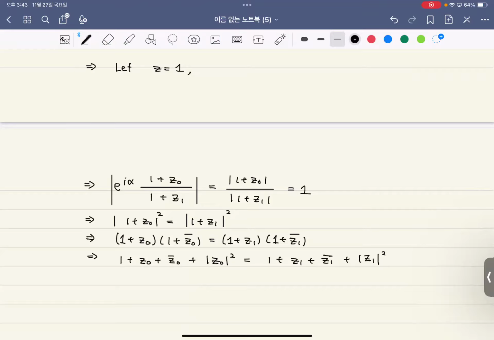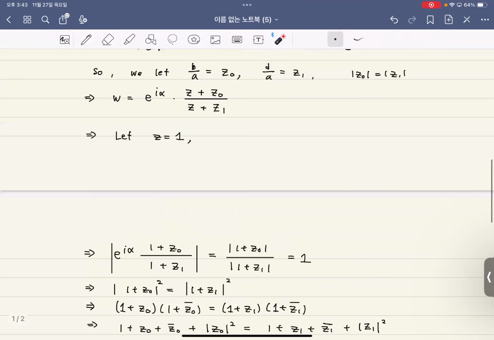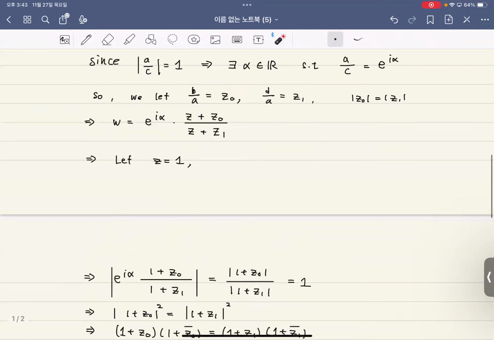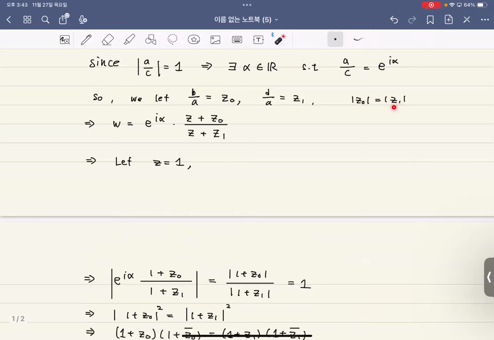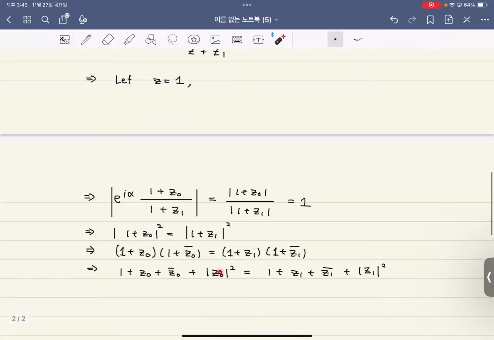Okay, and since we know that these two complex numbers have the same moduli, these two guys also cancel out.